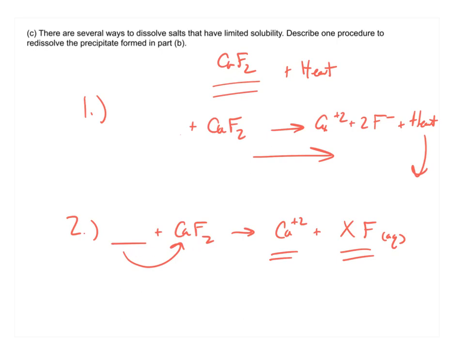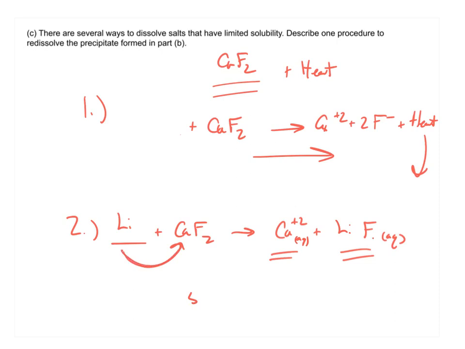In this case, I'd always pick lithium to do the job, because lithium is at the top of the activity series. And so lithium will come in and kick out calcium and become lithium fluoride aqueous, and then the calcium ions would then themselves become aqueous. And that would then dissolve the calcium fluoride solid, because, let's think about it this way.